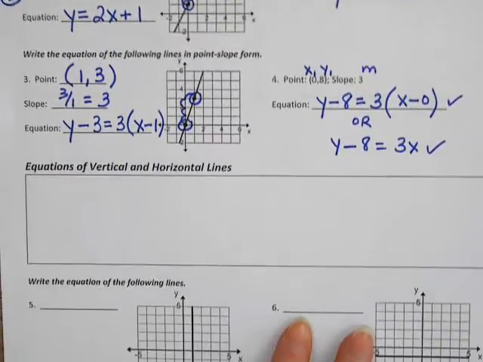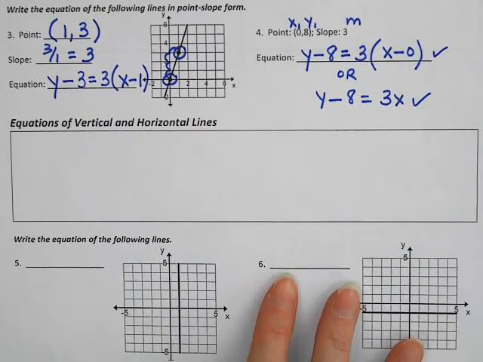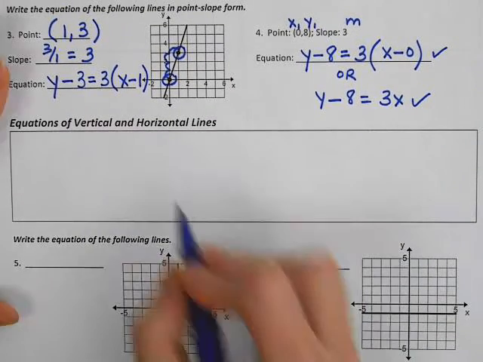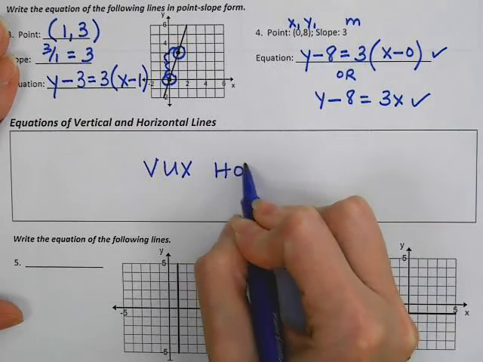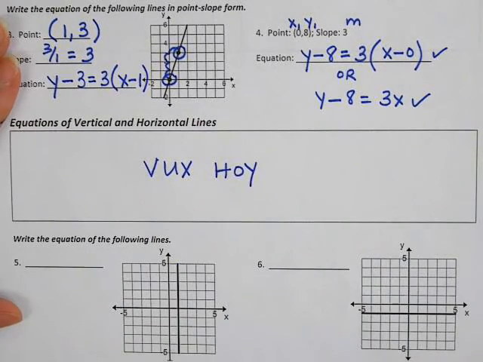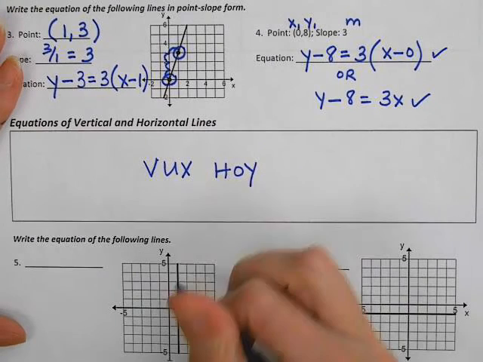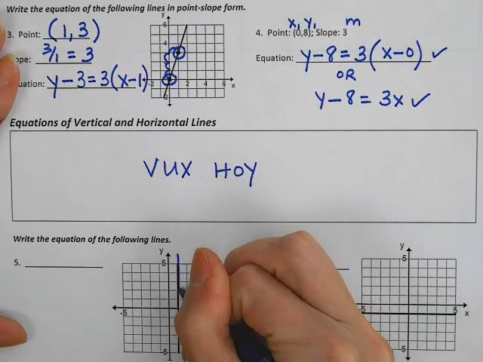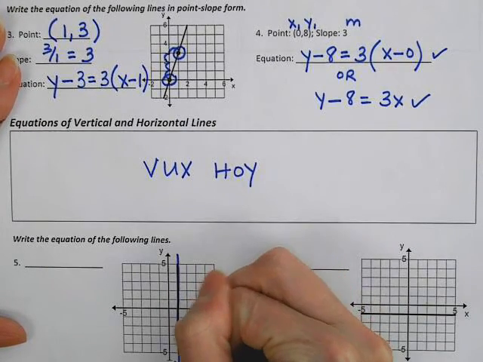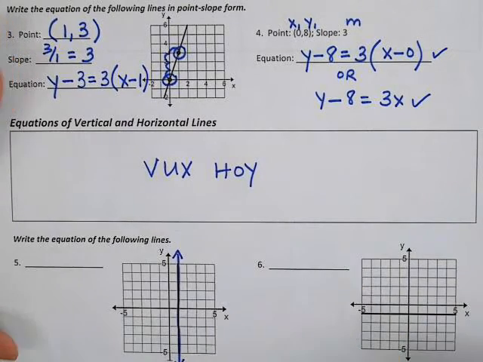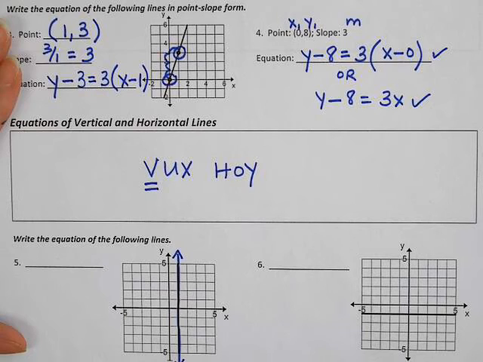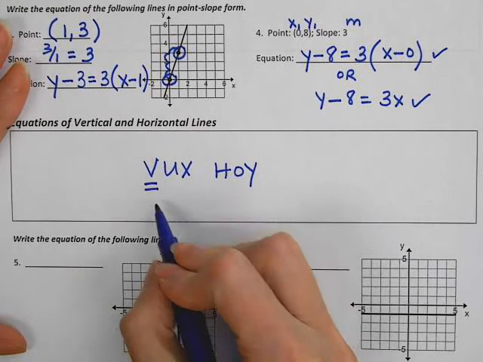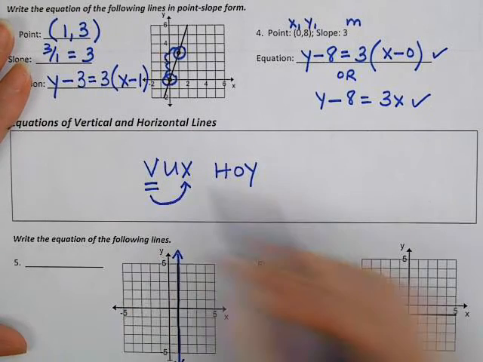All right, and now equations of vertical and horizontal lines. So this is your old friend Vuxhoy. And so easiest way to do this, if you first look at the line given and you say, is it vertical or horizontal? And if you know the vocab, this is a vertical line. So when you're going to write the equation, it's going to be x equals something.